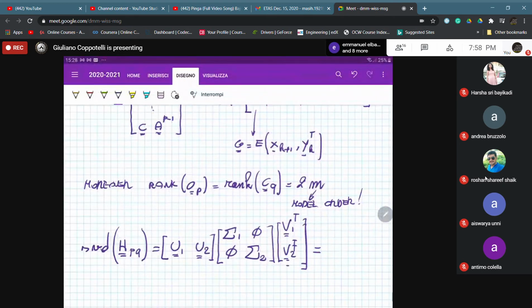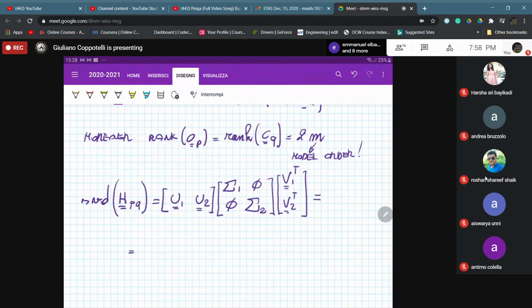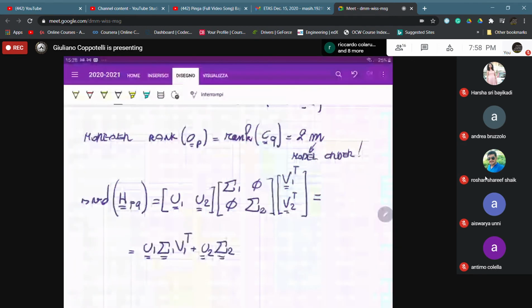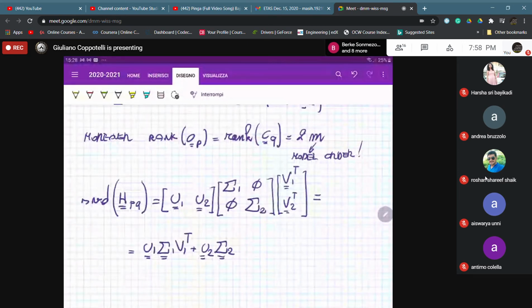Okay, we can also rewrite that as your U1 sigma 1 V1 transpose plus U2 sigma 2 V2 transpose.